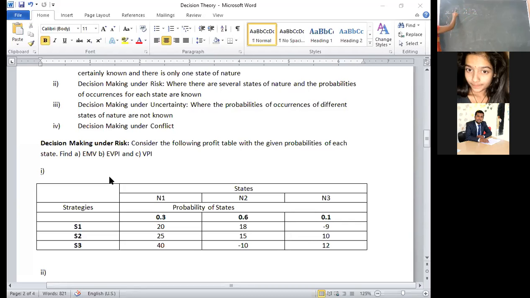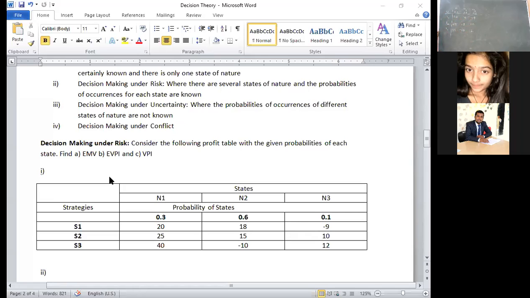For strategy S1, the payoffs are 20, 25, 40, 18, 15, minus 10, minus 9, 10, 12. These are nothing but X11, X12, X13, X21, X22, X23, X31, X32, X33.